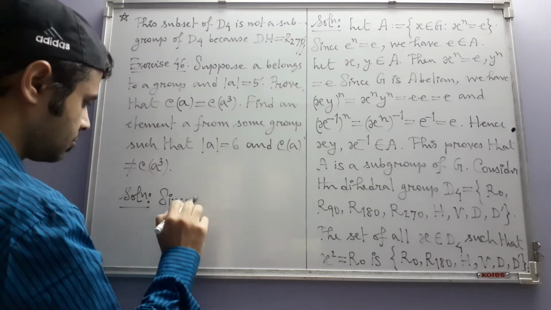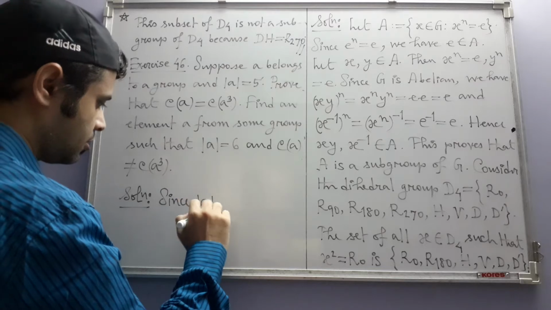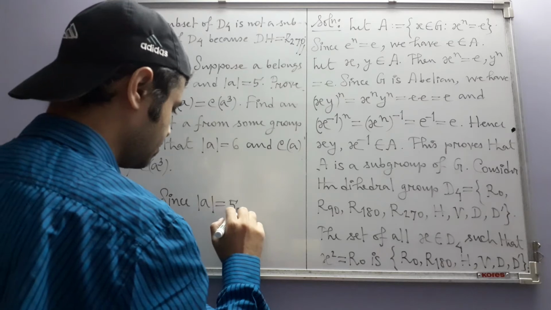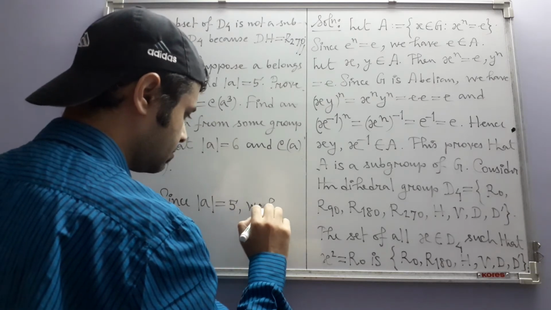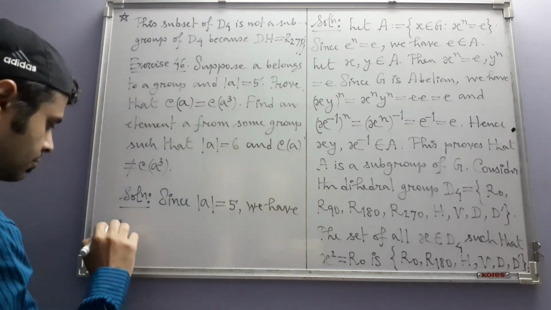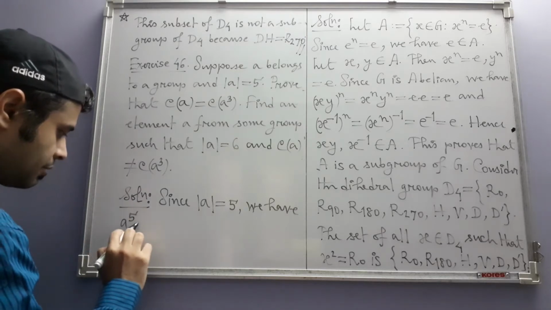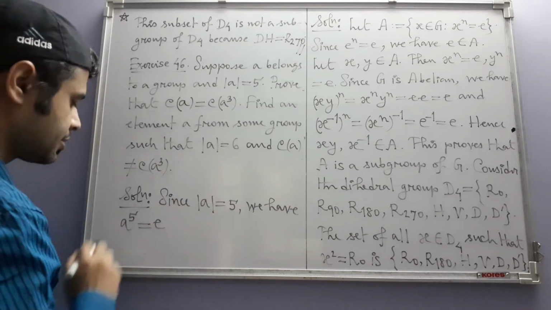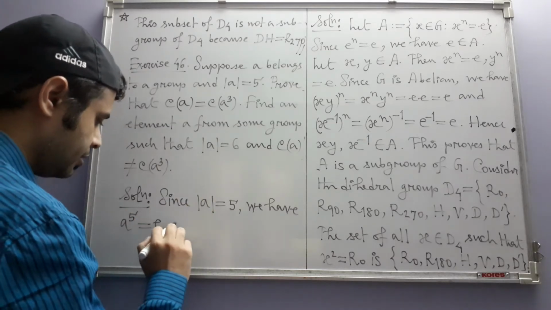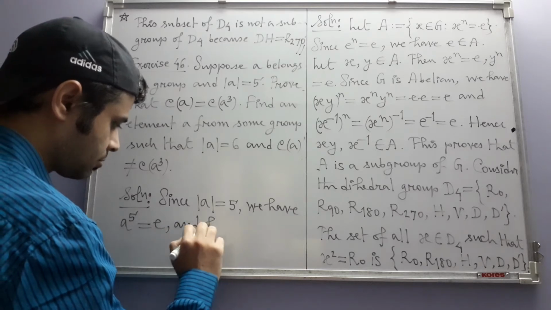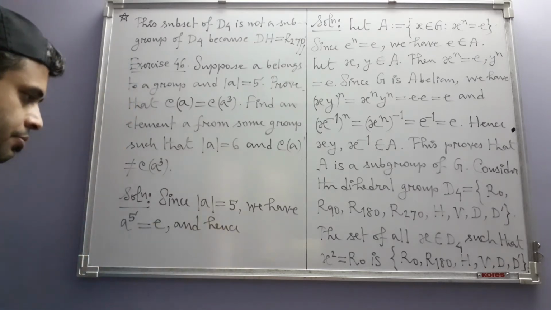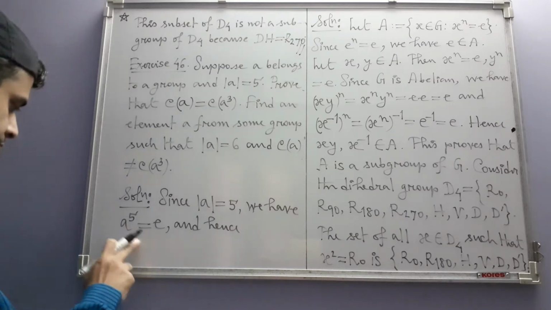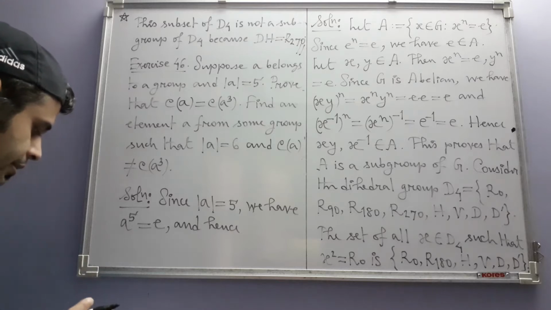Since order of A is 5, so that means we are proving this first. We have A to the power 5 equal to the identity element in the group from where A is coming, and hence we are going to write an equation that comes from here, which in fact is this.